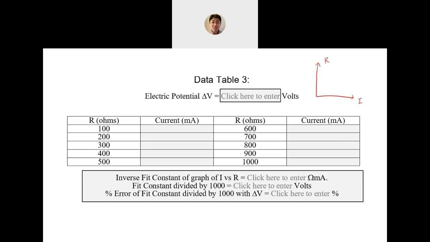Inverse is constant, I over R. Maybe R is V over I. Then V times 1 over I, like that. We think V must be constant, but I is maybe like this inverse. We have to use inverse, not linear.